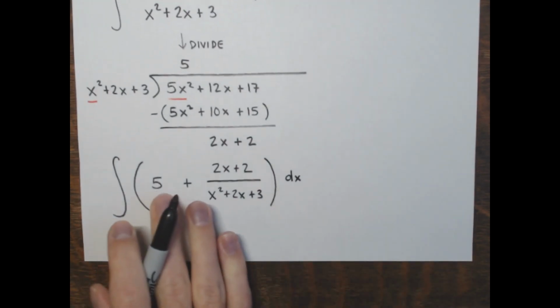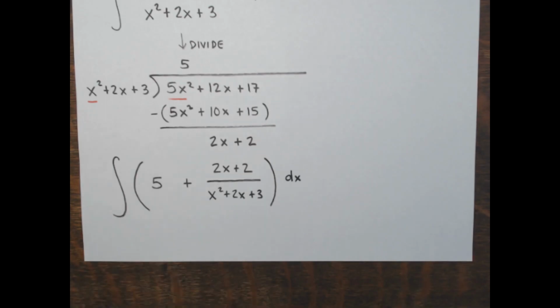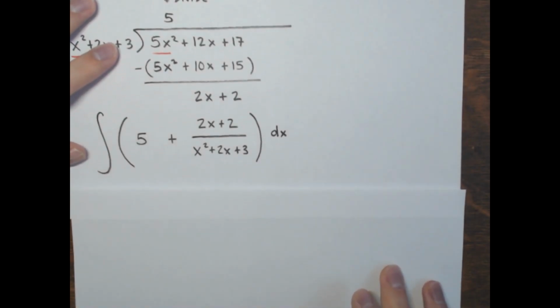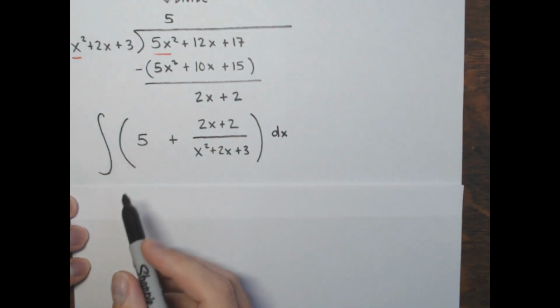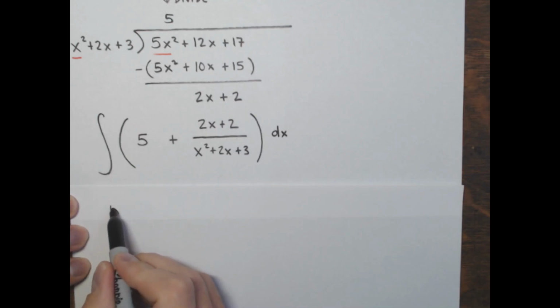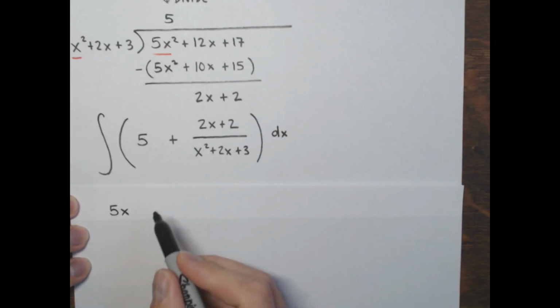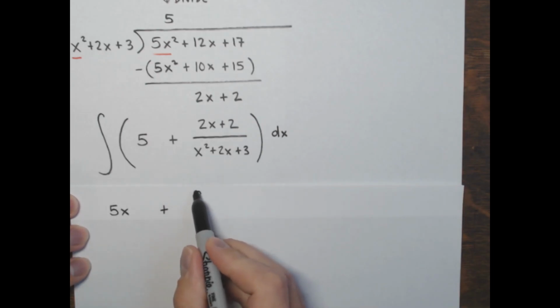So I can break this up. Let's go term by term. The integral of the quotient should be easy again, right? The quotient's just a polynomial, just 5. So that's 5x. Easy, right?